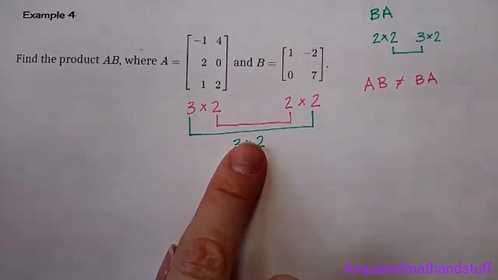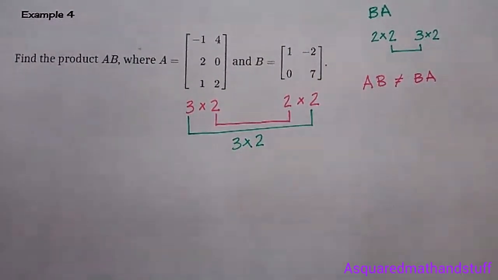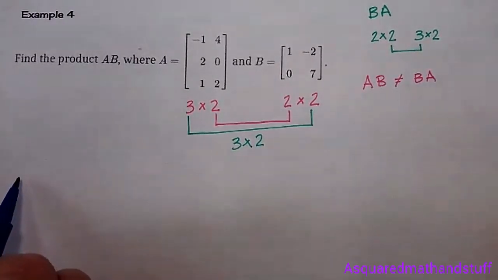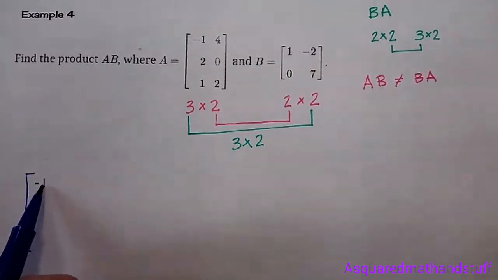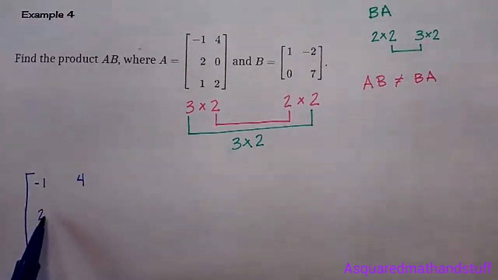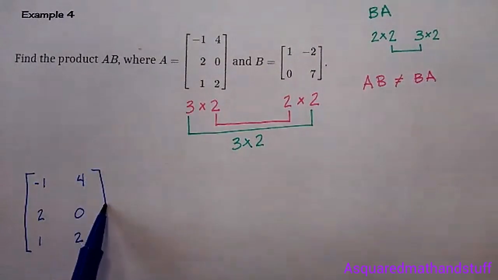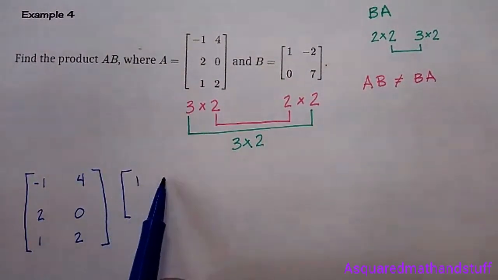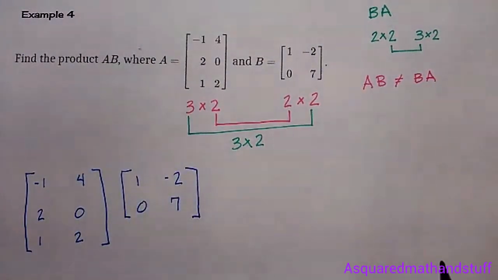Let's set this up. I'm going to set it up in the more traditional method that most of you are used to working with. So I'll set these up next to each other and we will go across and down at the same time. So we have -1, 4, 2, 0, 1, 2 multiplied by 1, -2, 0, and 7.